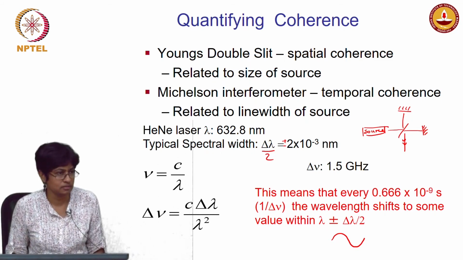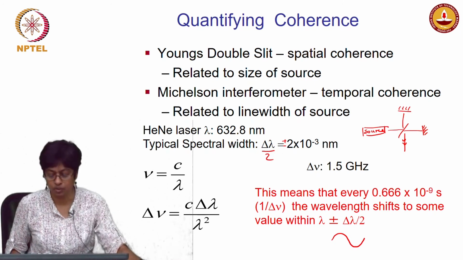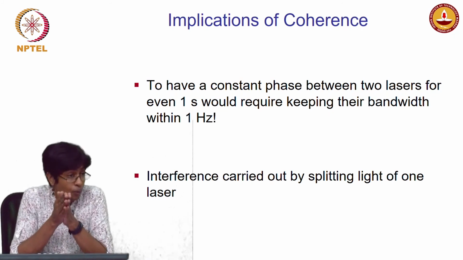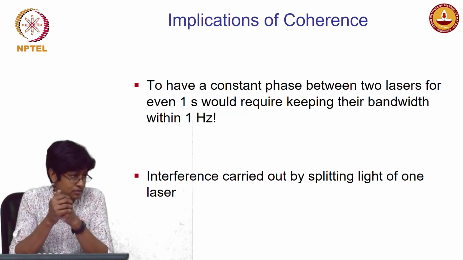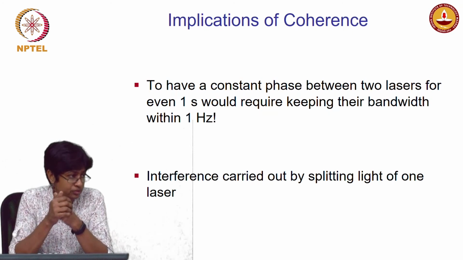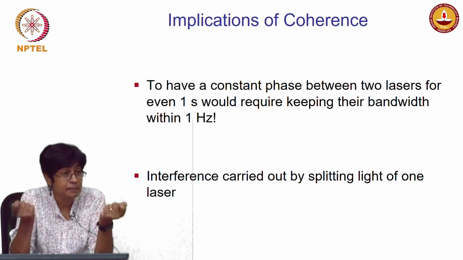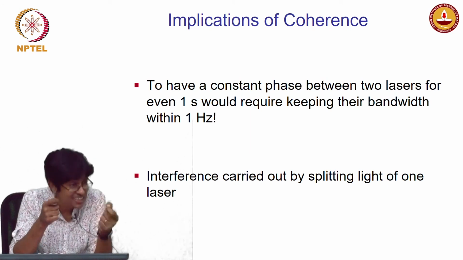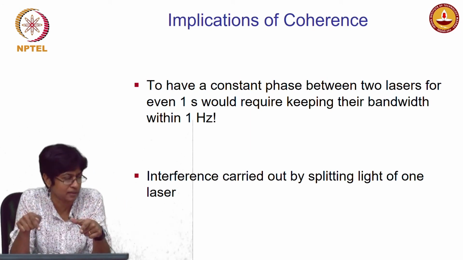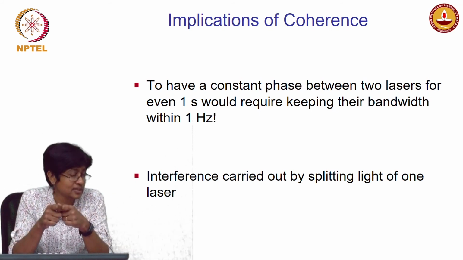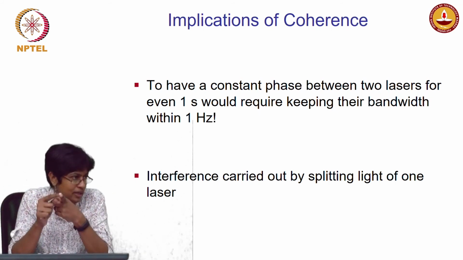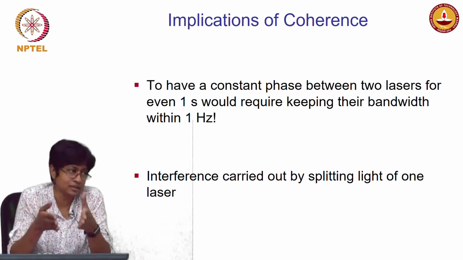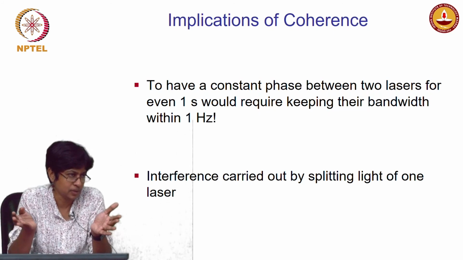Any questions? No? Okay. So, the implication of coherence is, if I were to take two different lasers, why don't I ever do interference with two different lasers? I would have to keep their phase relationship so accurate, because each laser individually, you saw what's happening. If I took two different lasers and I wanted to ensure they were phase correlated, the kind of accuracy I would need is till date not achievable, okay.